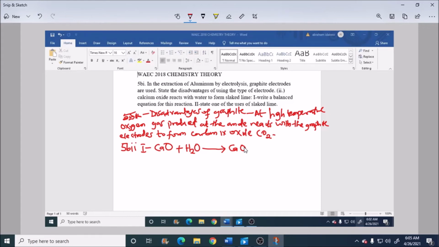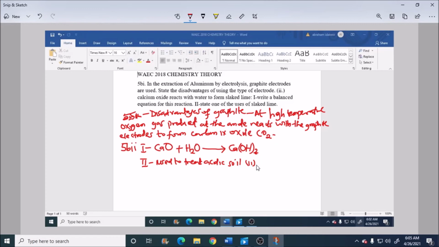Then Roman figure 2, we have to state one of the uses of slaked lime. There are so many uses of slaked lime. Number 1, it is used to treat acidic soil. Number 2, it is used in the manufacture of glass.